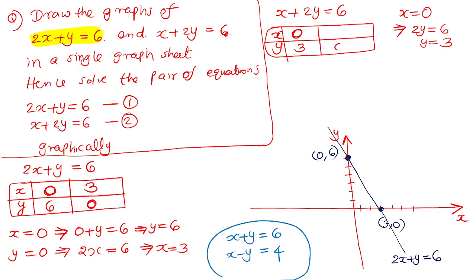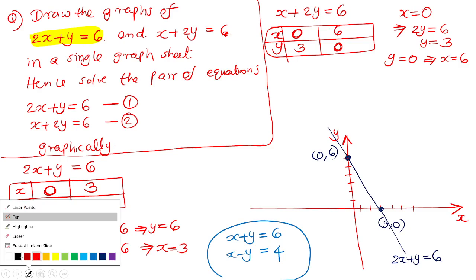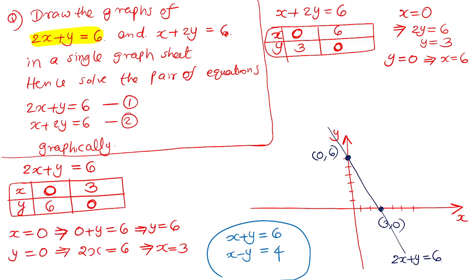Okay, then y equal to 0. When y equal to 0, we get x equal to 6. So we have a point 0 comma 3. 0 comma 3 is here.